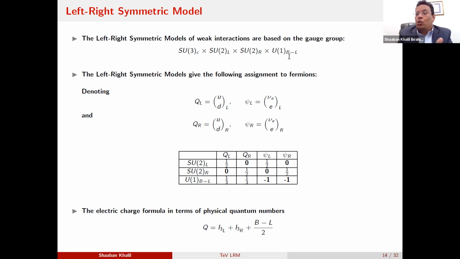SU2 left cross SU2 right, symmetric. B minus L exists. In fact, B plus L is usually broken in the early universe, and the remnant is U1 B minus L. And from B minus L cross SU2 right, you get the U1 hypercharge. And from the U1 hypercharge cross SU2 left at lower scale, you get electromagnetism. And this is what remains exact with us.